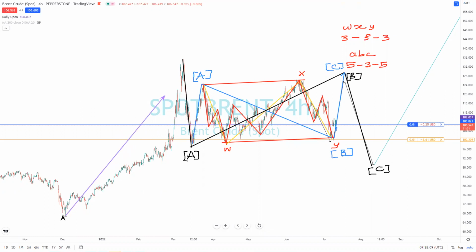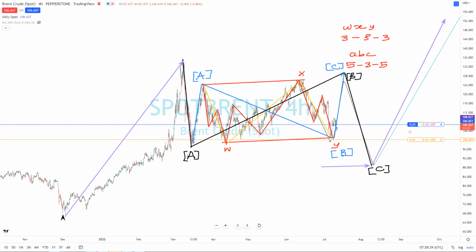This whole swing is an impulse followed by this correction here, which we anticipate to be ending somewhere around these levels. And then thereafter, we are going to anticipate another impulse to the upside.